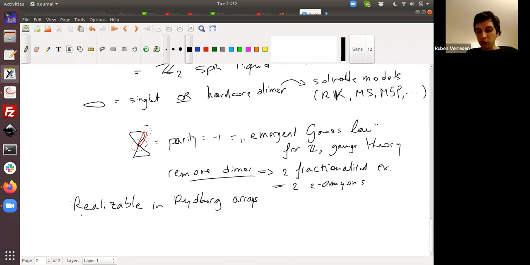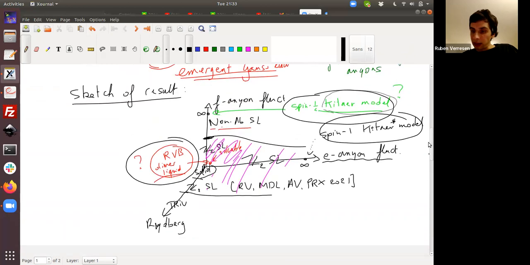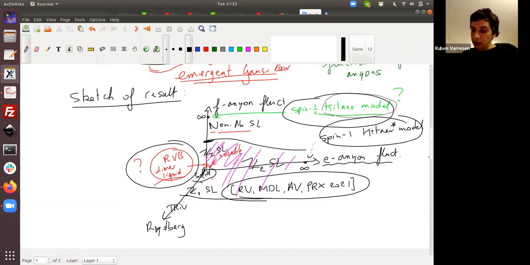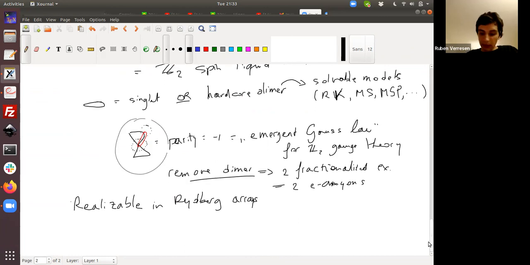So it turns out that using this Ising model, you can actually implement this emergent gauge theory and get this RVB physics out. So in particular, this is the work I cited up here. So in this earlier work, we pointed out that you can get this Anderson RVB physics by putting Rydberg atoms on the bonds of the kagome lattice.